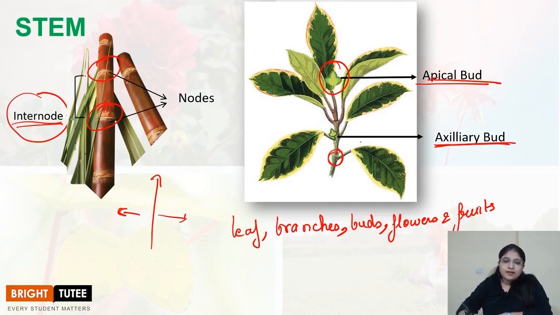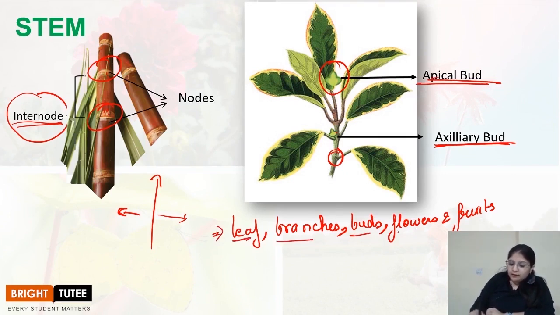And over here you can see how the stem helps in the growth of the plant, right? So first of all, the very first thing which you can understand about the stem is that it bears leaf, branches, buds, flowers and fruits. So all the parts that we are observing in a plant, all these parts are borne by the stem.